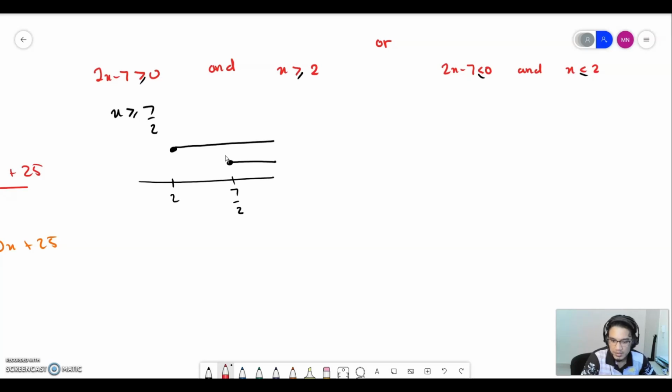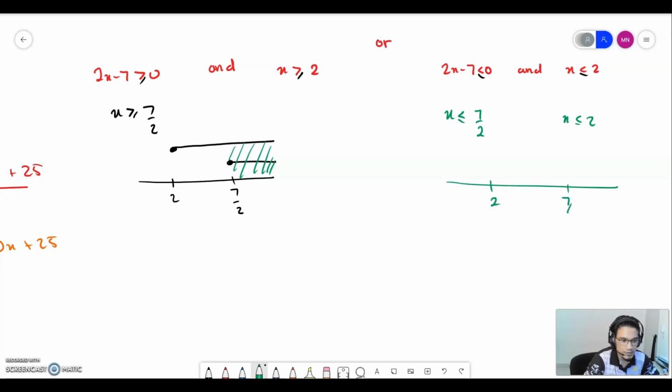Since the relationship is AND, we look at the region that intersects. So for this one, it will be x less than or equal to 7/2, and x less than or equal to 2. So it will be from 2, 7/2, less than 7/2, then less than 2. So the region that intersects is this region.